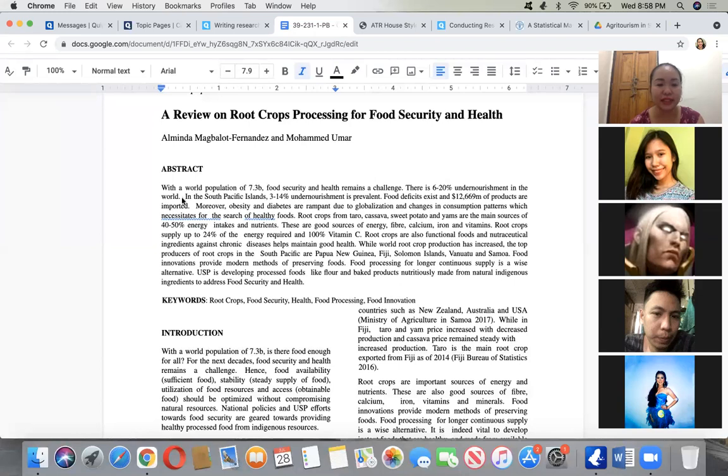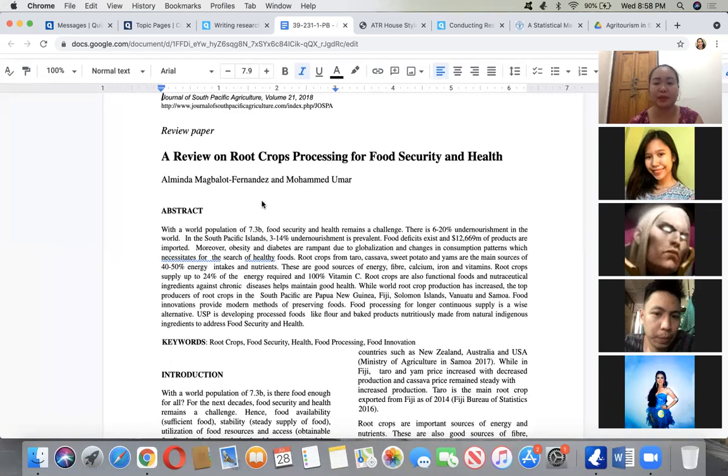So as you can see here in the abstract, in doing the abstract, you have to write down, last time we already talked about what should be in the abstract, but that was more for a research paper. This is about a review paper.